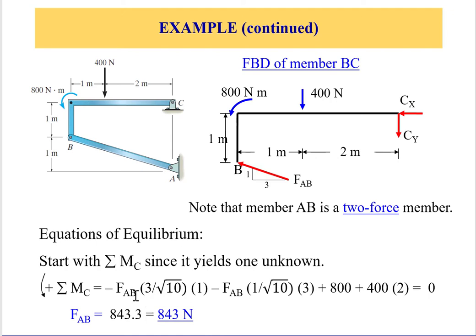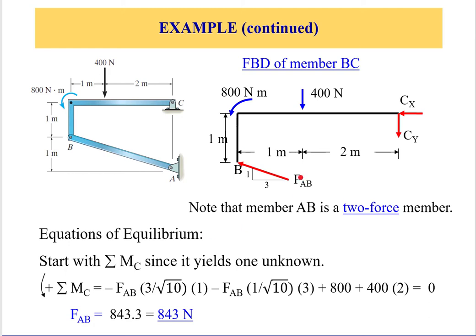So the solution is as follows. First, you're going to have two moments generated by FAB. One is due to the horizontal component.